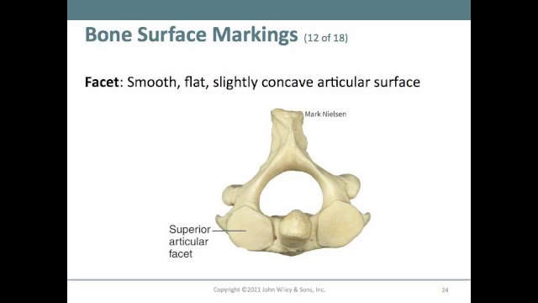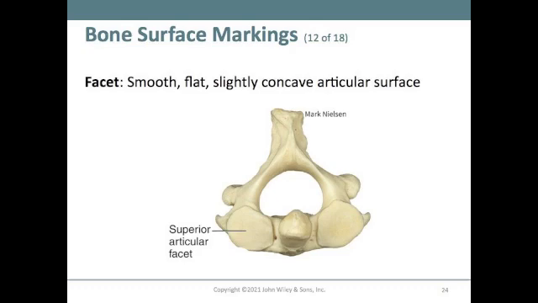What we mean when we're talking about the skeletal system and we talk about something being articular, that means that it will make contact or join to another bone. If bones are articulating, then they're joining together. This is going to be a part of the bone that's probably on the spinal cord.